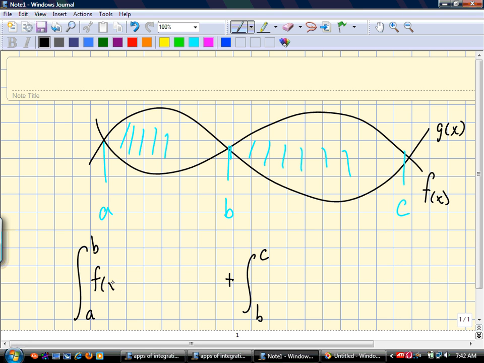It's f of x minus g of x for the first one. No, it's g of x minus... g is higher, sorry, g minus f for the first one. Plus f minus g of f. So you gotta.